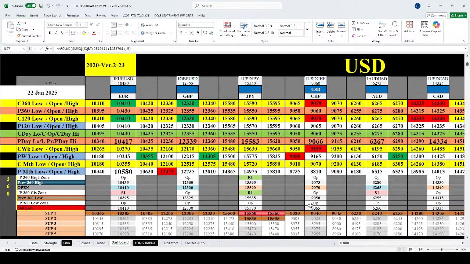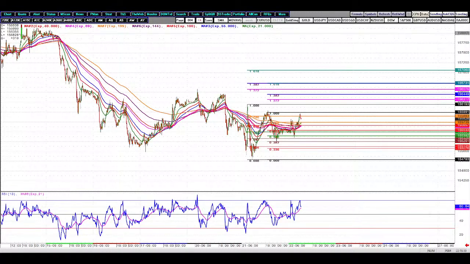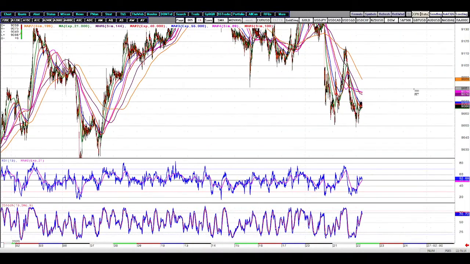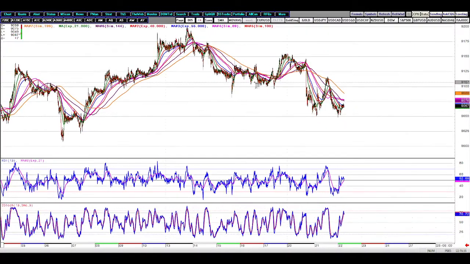or lower. So if 90.50 breaks, then we should see 90.30 and 90.05. Let's see how the chart looks. Chart looks still down.